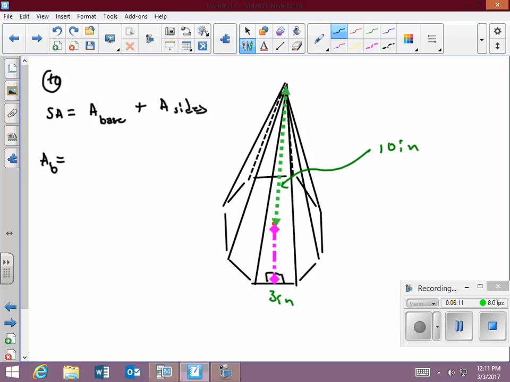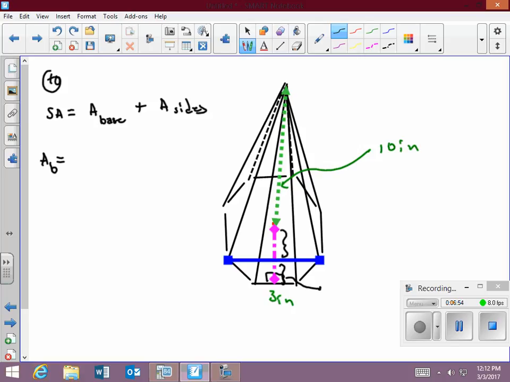So in order to figure out the length of that purple line, we're going to have to break this trapezoid right there down into 2 pieces. We're going to have to figure out how far it is from here to here, and then from here to here.